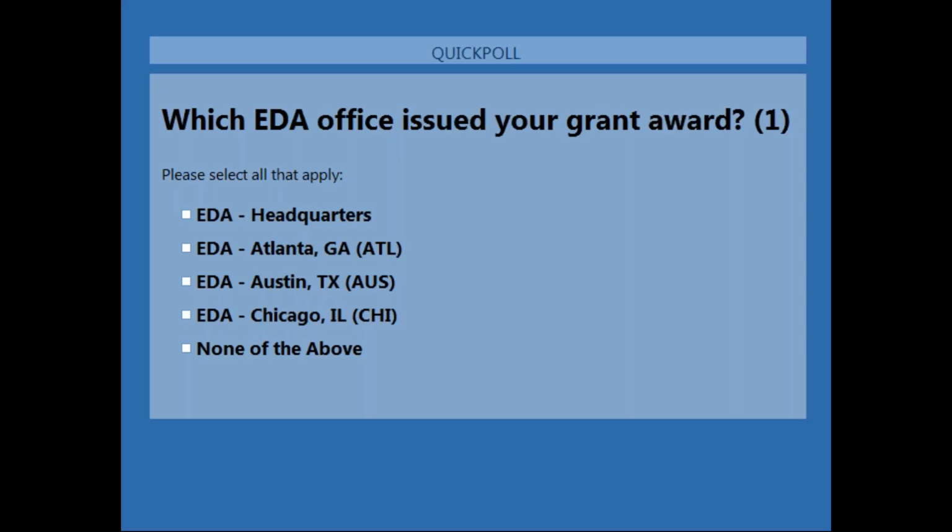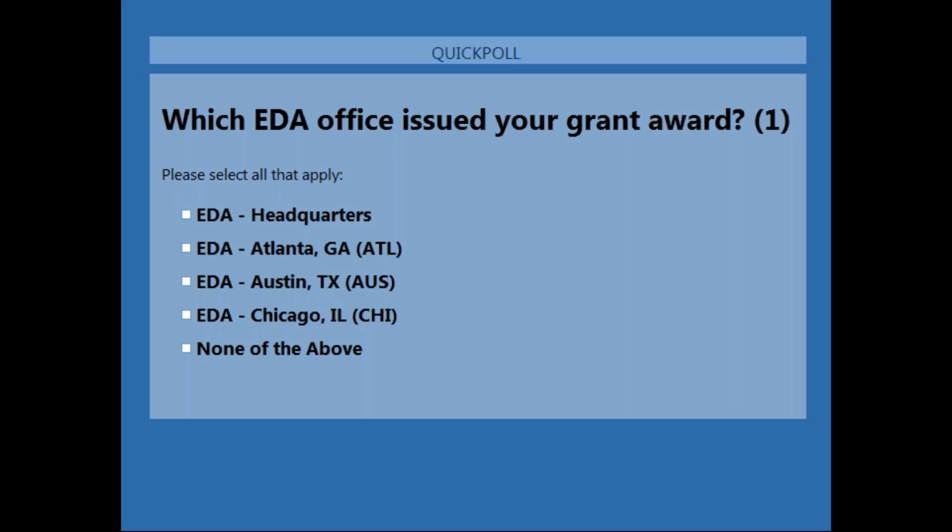So it looks like it's mostly the Atlanta regional office, a few from the Austin regional office in Texas, and a few from our Chicago office. But it looks like the majority is actually none of the above. And so we're going to give you a couple more seconds to finish out this poll.